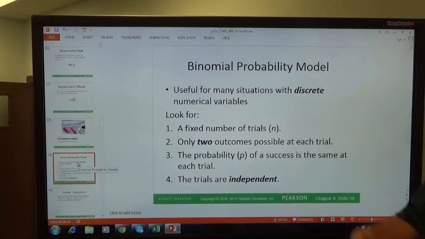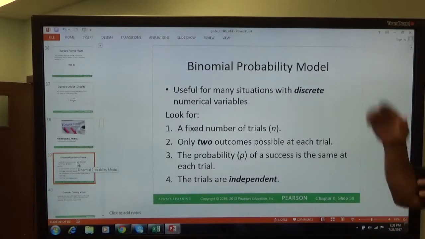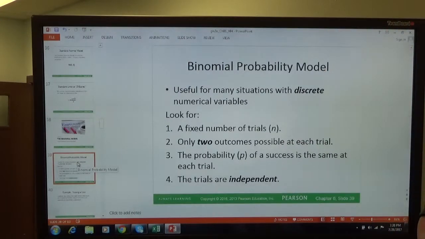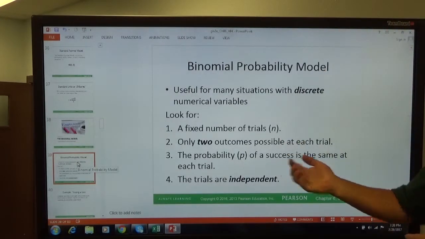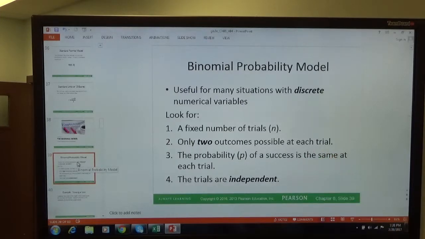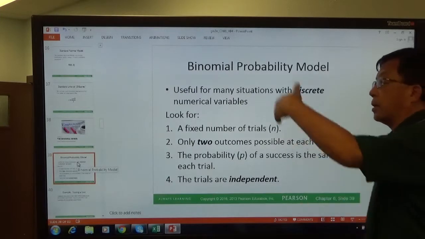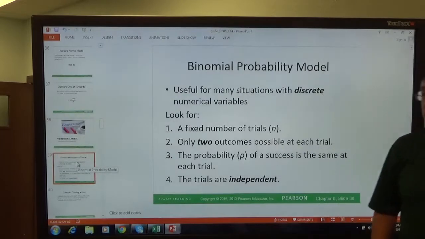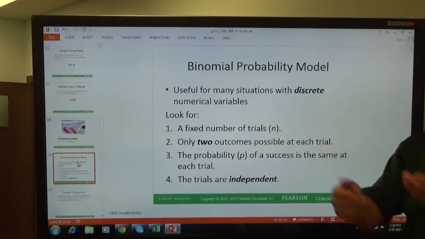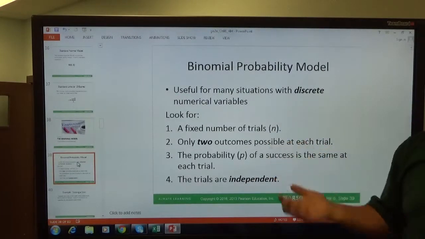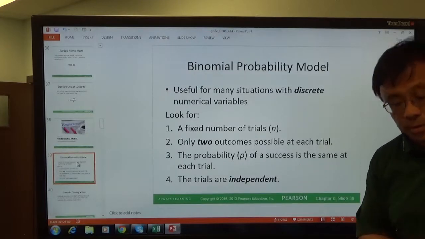The outcomes are discrete. Like you shoot a basketball 5 times. You make 3 out of 5, 2 out of 5, 1 out of 5. Or you are planning to have 3 children. The outcomes will be 1 boy, or 2 boys, or all boys. Those kinds of things.